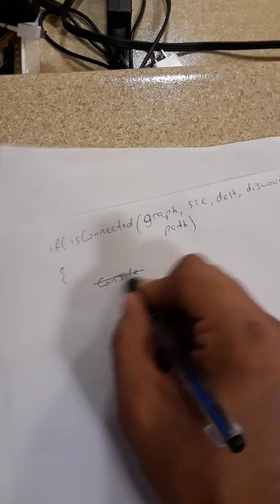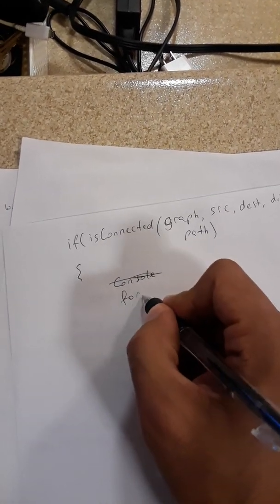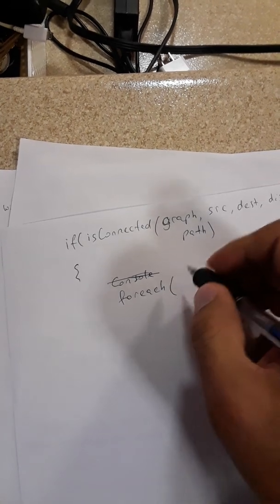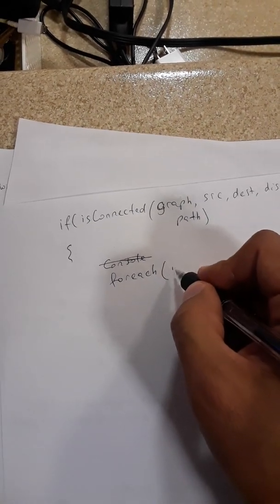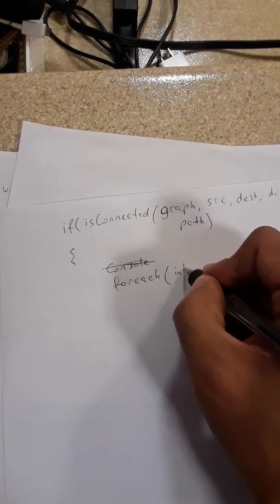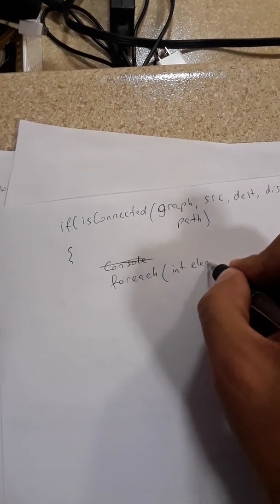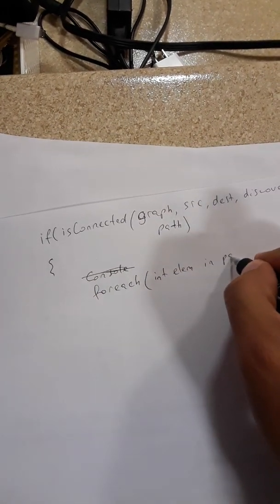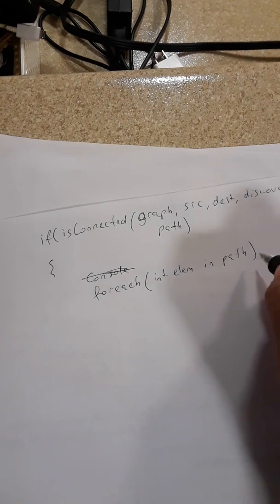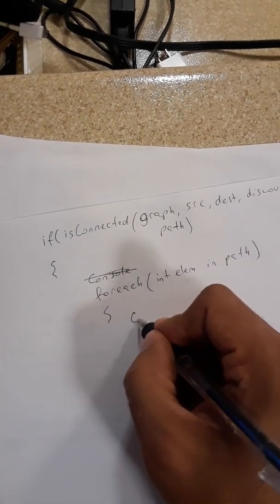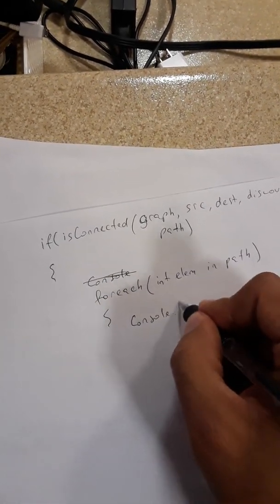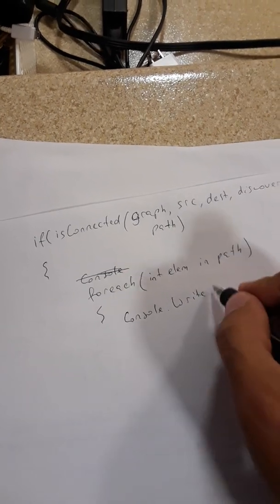So if it's true, we will do the next thing. For each integer element in path, we'll use Console.Write.